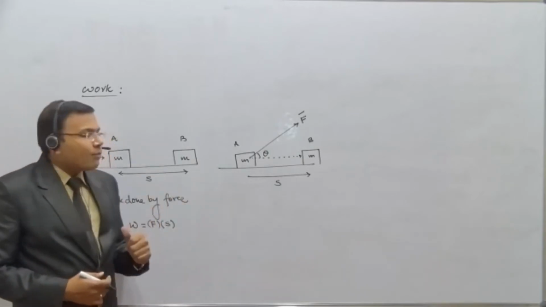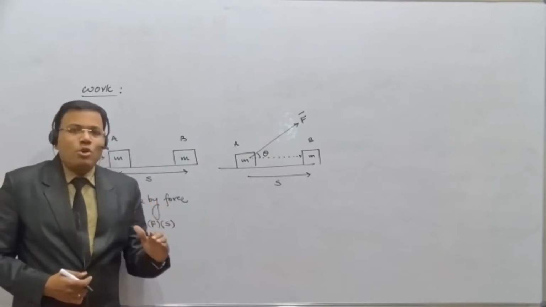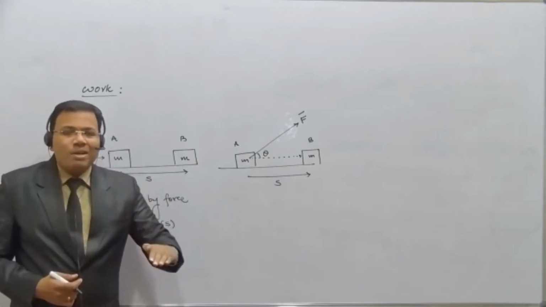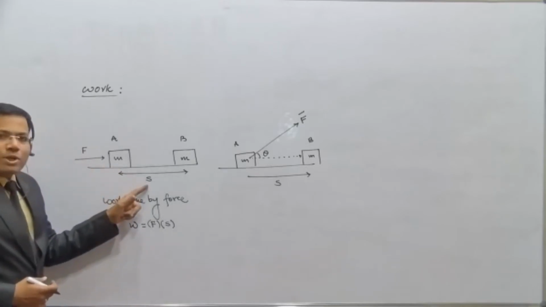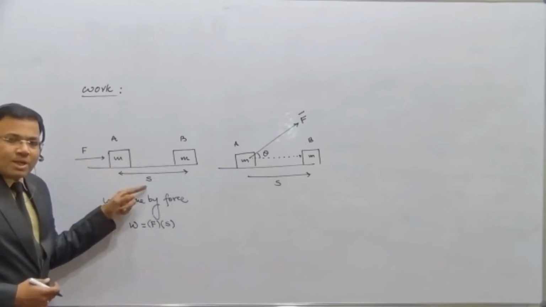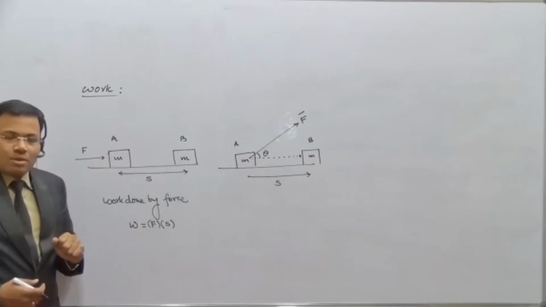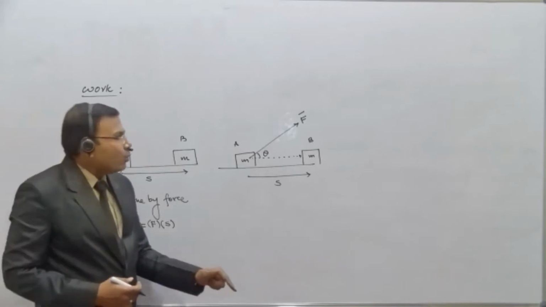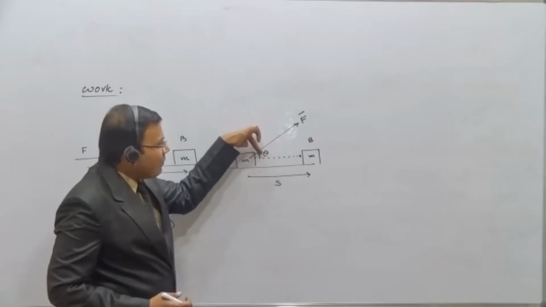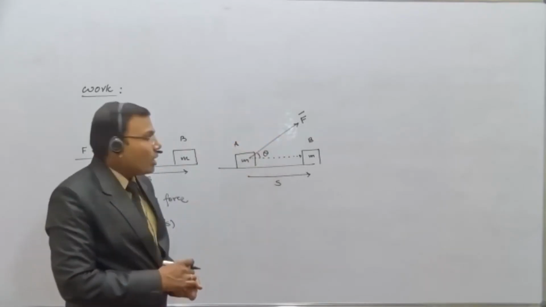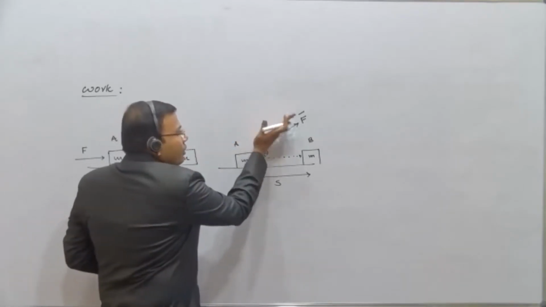Here we have to take the same concept. The fundamental of the work done is the same: force into displacement, with both in the same direction. So here, this is F and this is the angle theta. I resolve this force into two components.